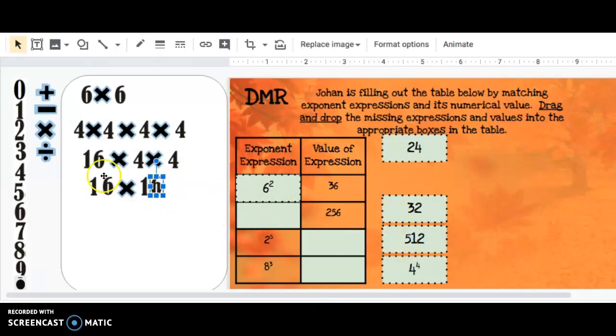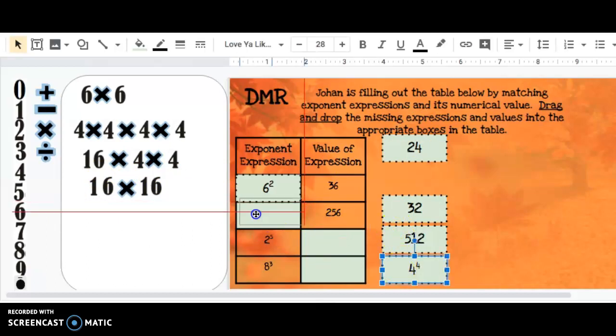And you could do that on this piece of paper here, or you could do it on your scrap paper. So you would do 4 to the 4th power is 256. I'll drag that to the box. Now we have 2 to the 5th power.